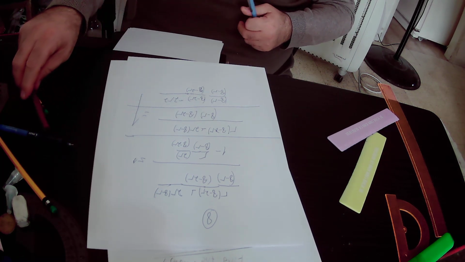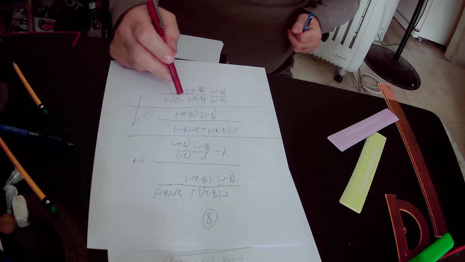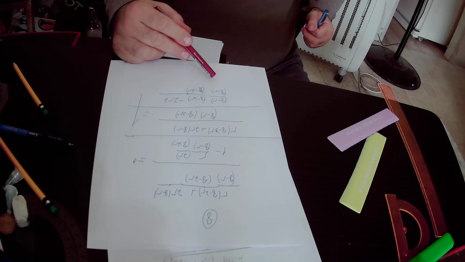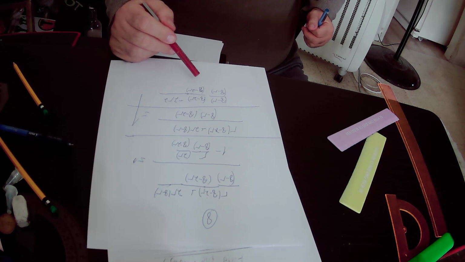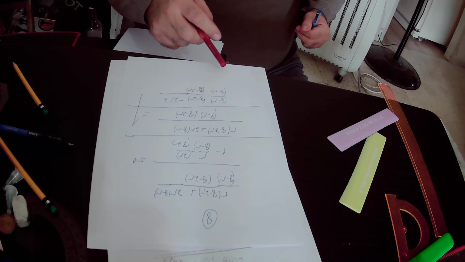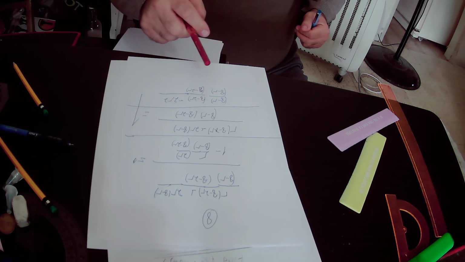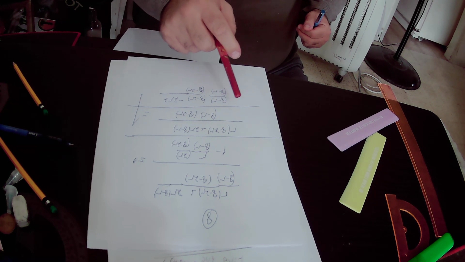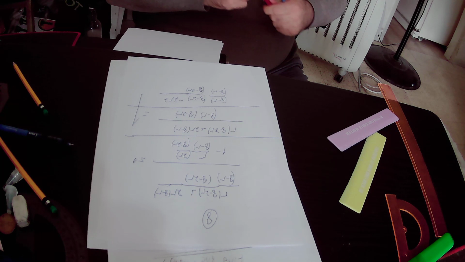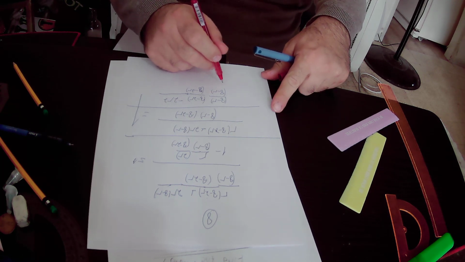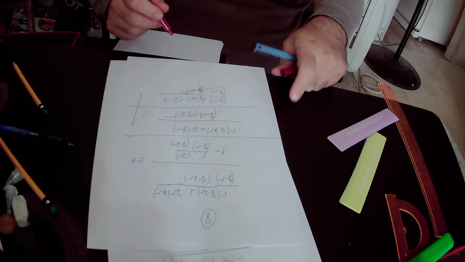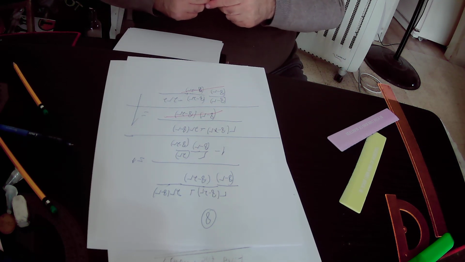So here we have 8 minus r times 8 minus 2r, and we have here also 8 minus r times 8 minus 2r. So after we will move this expression to the numerator, it will get cancelled by the denominator, so actually 8 minus r times 8 minus 2r will get cancelled with 8 minus r times 8 minus 2r. So what is left after we cancelled?